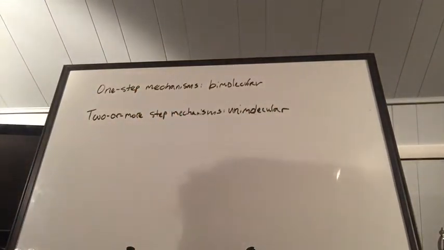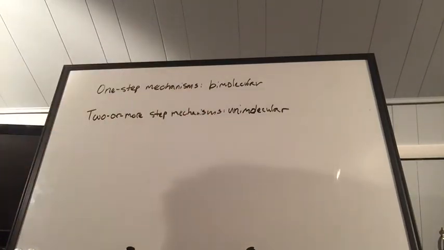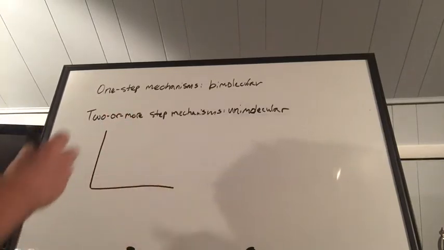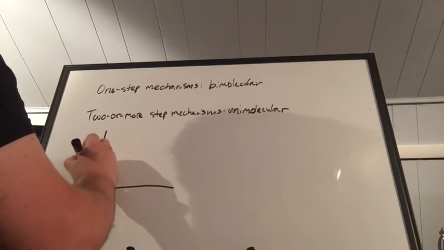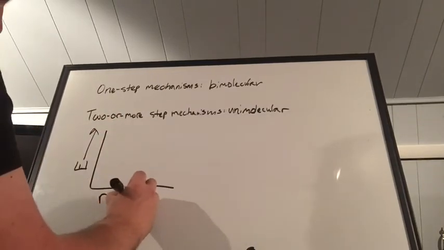Okay, so both have rate determining steps, right? Or energy hurdles they have to jump over. Okay, so we're going to draw a unimolecular energy diagram on the left here. Okay, so with increasing energy going in this direction. And this is just going to be some generic reaction coordinate.